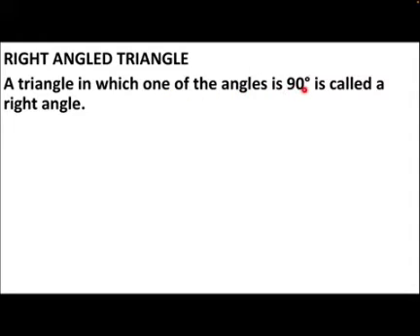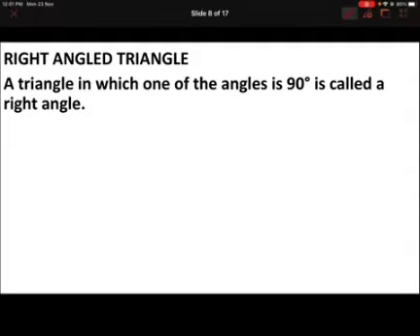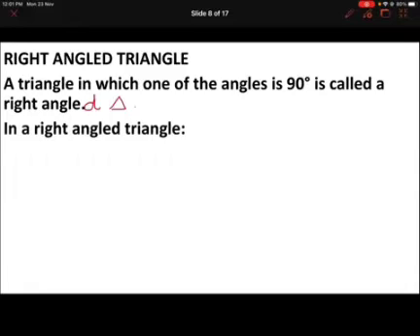Please keep in mind, any one of the angles being 90 degrees is called a right angle. A triangle in which one of the angles is 90 degrees is called a right-angled triangle.